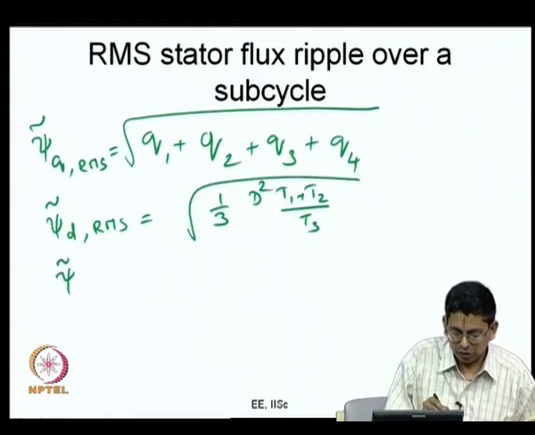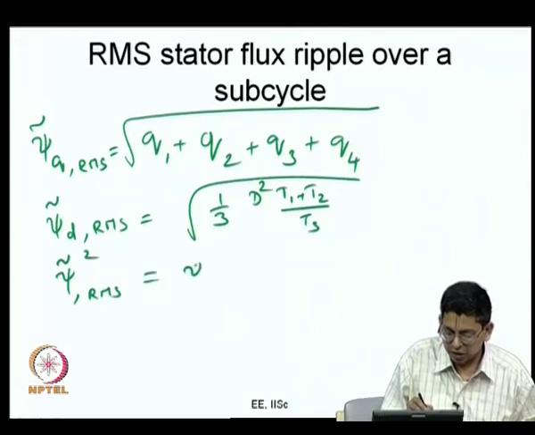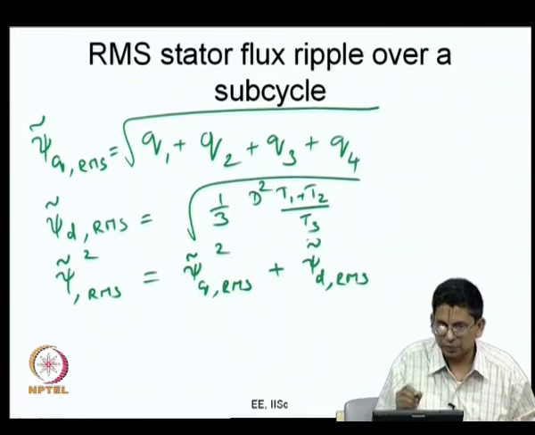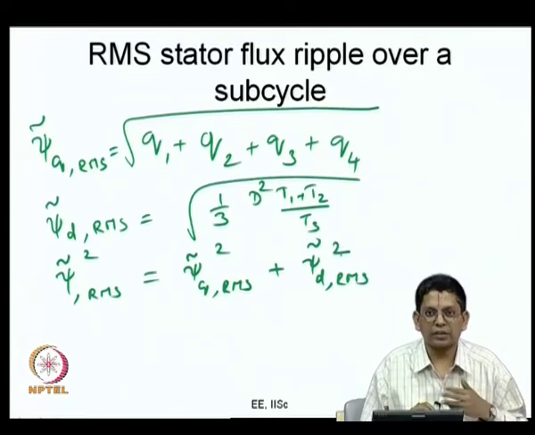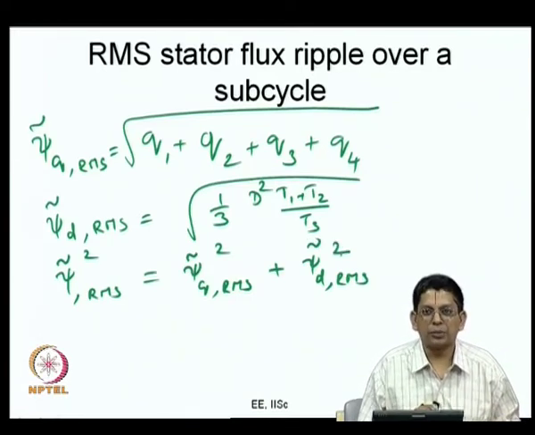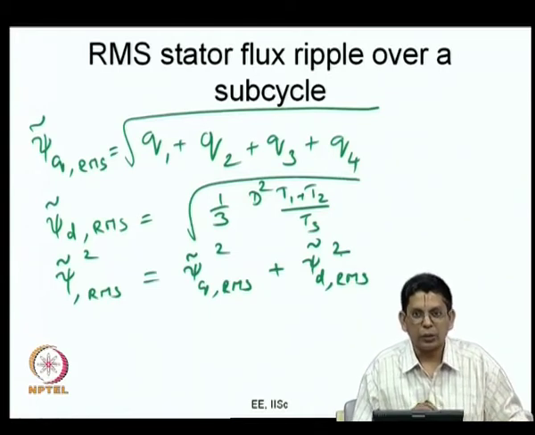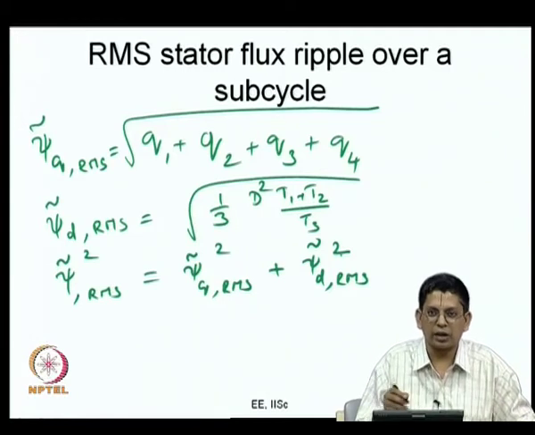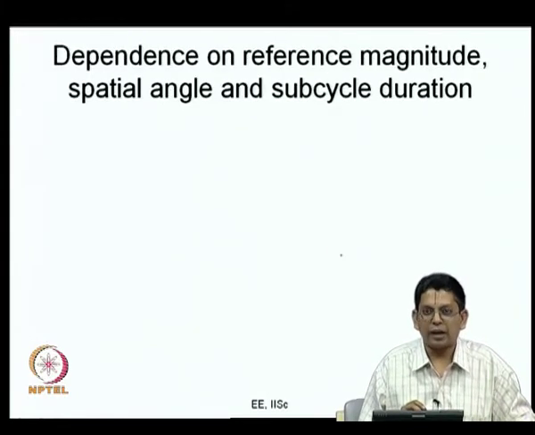So, what is your psi tilde RMS squared? That is psi q tilde RMS squared plus psi d tilde RMS squared. You can just add the two and you will get the RMS stator flux ripple over a subcycle. You can look at the thesis, there are also other references. This thesis is one good reference where this has all been explained in a fairly clear manner now.